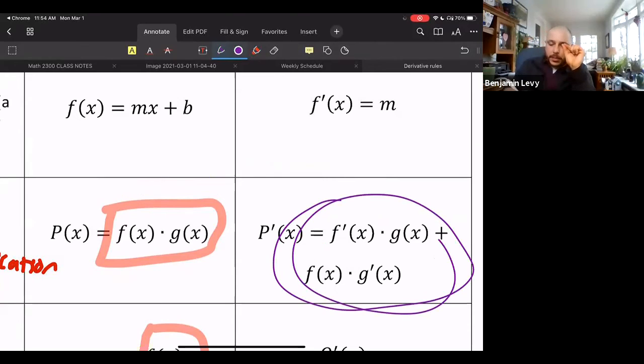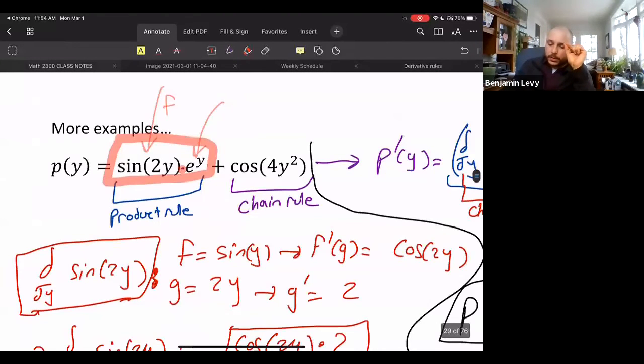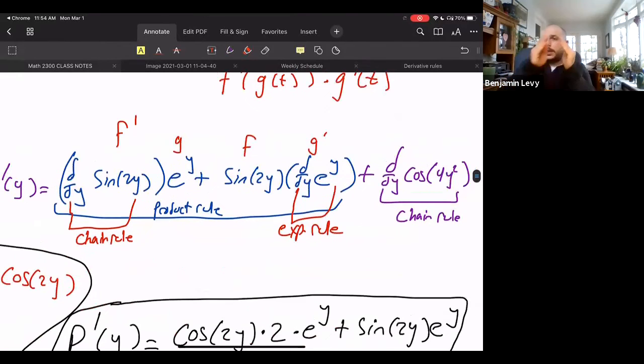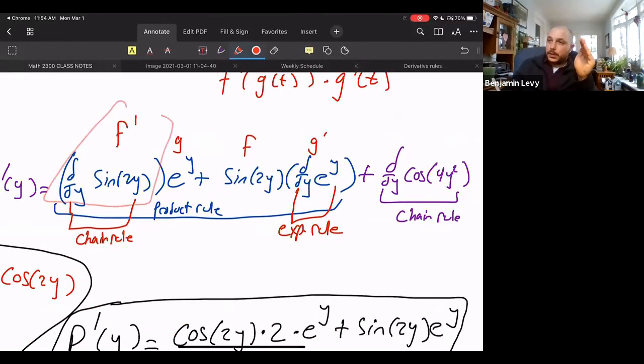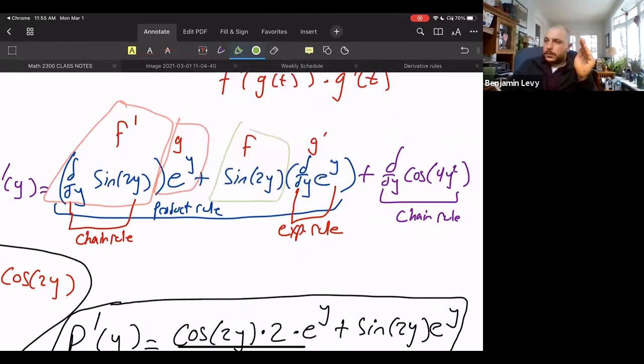And so when I flip back over here and I recognize this as being the product rule, that's exactly what's going on. I labeled the f prime and the g. I'm trying to take the derivative of the first piece, leave the second piece alone. Leave the first piece alone, take the derivative of the second piece, right?